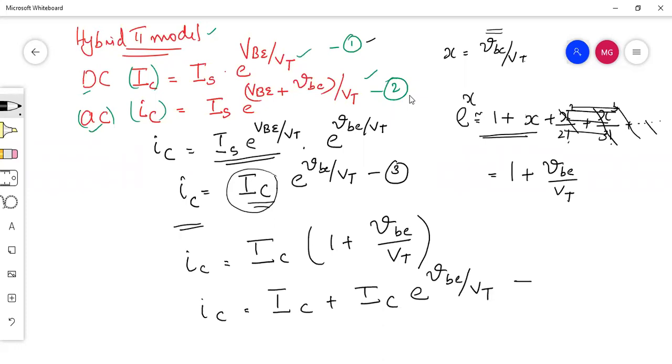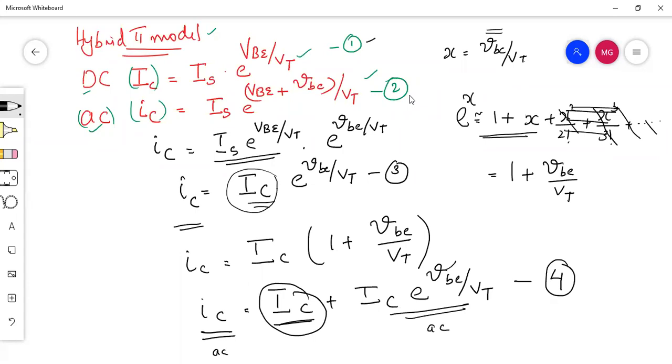Let me call this equation number 4. If you check, this is the total AC and DC. This is the DC part and this is the AC part. Small VBE by VT is the AC part.